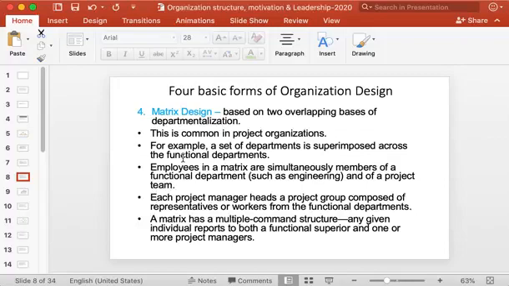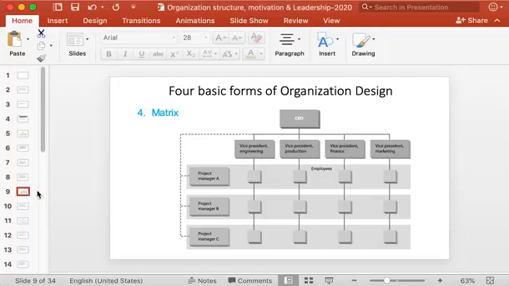Another form of organization design is matrix design, which is based on two overlapping bases of departmentalization. This type of design is very common in project organization. So you can see one example here.